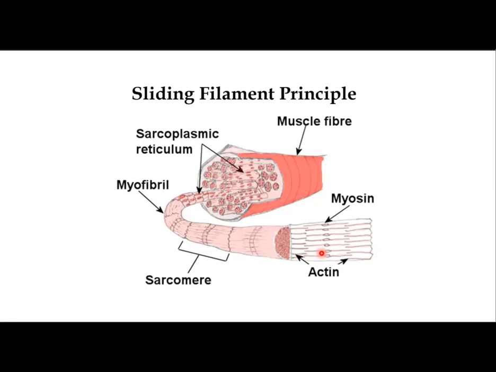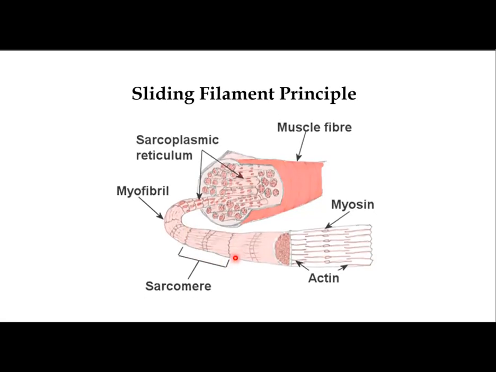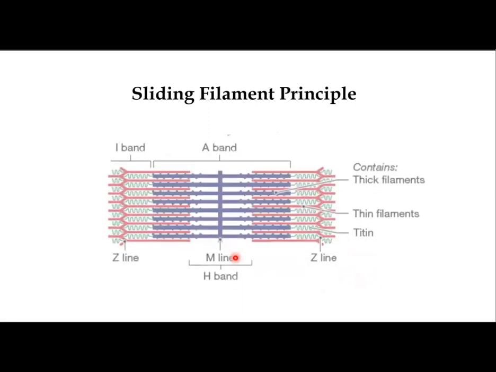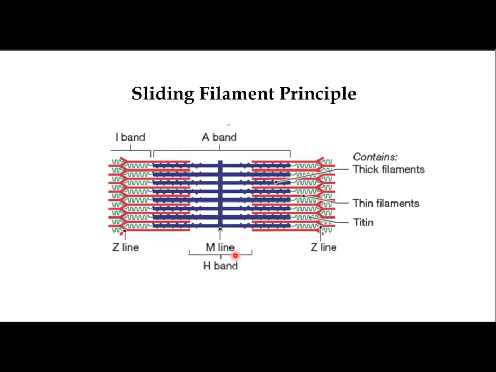Okay, so we are going now to the next slide, which is also in a book. We will take a close-up look at a sarcomere, and it looks like this. It's the same as in your book. I think it looks a little bit different in your book. I think it's a different color, and I'm not sure if there is the A band. Okay, so remember I talked about the zigzag line.